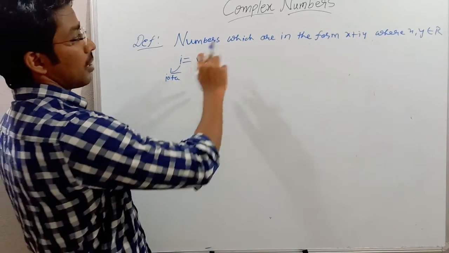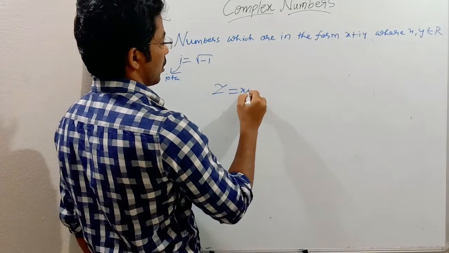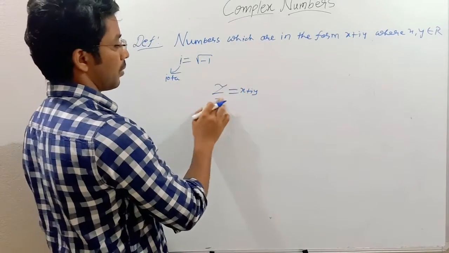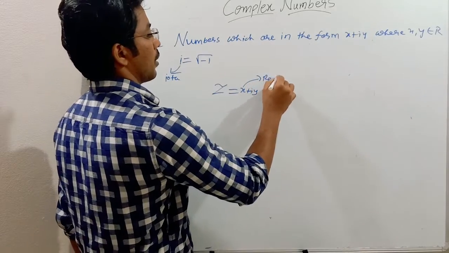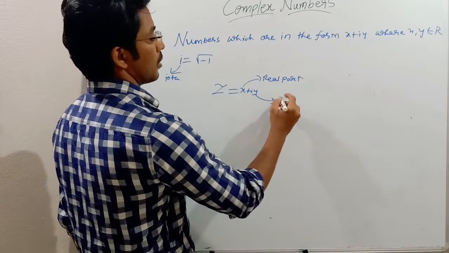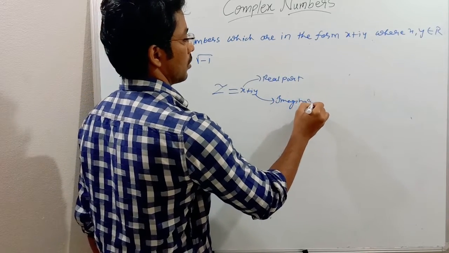So generally the complex numbers are represented in the form of z is equal to x plus iy, nothing but capital Z. So complex numbers are generally represented by capital Z, where x is the real part and y, which is associated with iota, is the imaginary part.